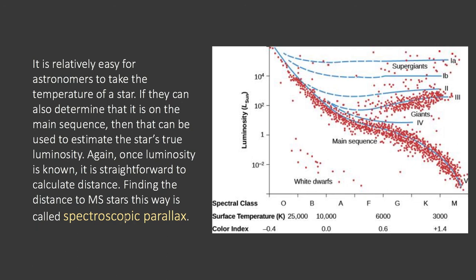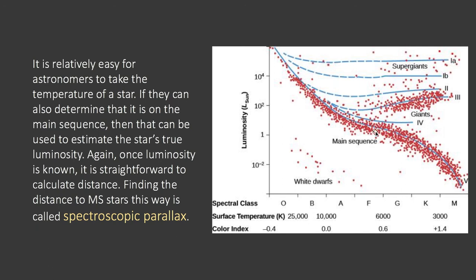So spectroscopic parallax is going from the spectrum to the temperature to the luminosity, comparing to the apparent magnitude, and then calculating distance. And because it's so easy to take the temperature of a star, as long as you can see it, this gives us a way to measure the distance to stars that are really far away, even outside of our galaxy.